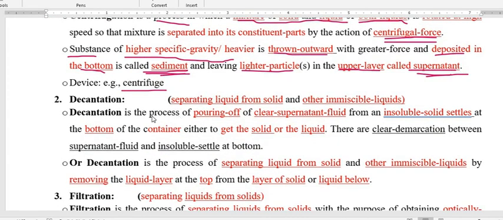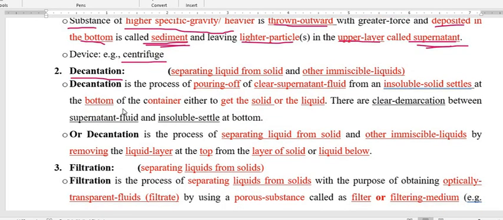Next is decantation. So decantation is very simple. What is decantation? In this we are also separating. What are we separating? We are separating liquid and solid, or other immiscible liquids.